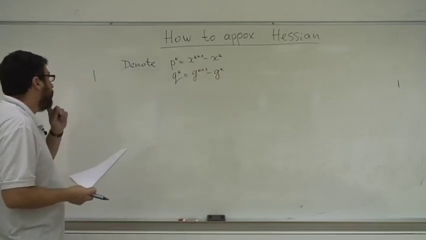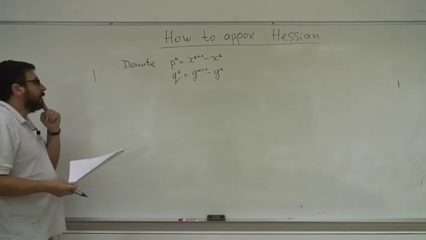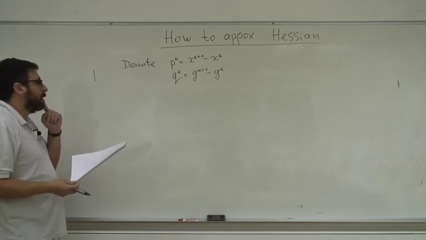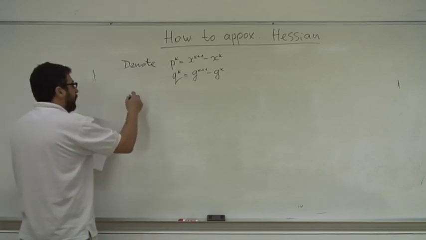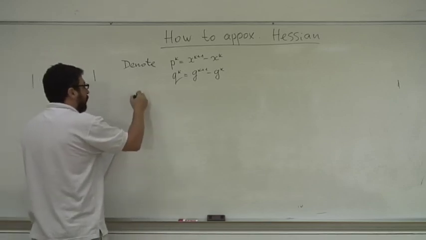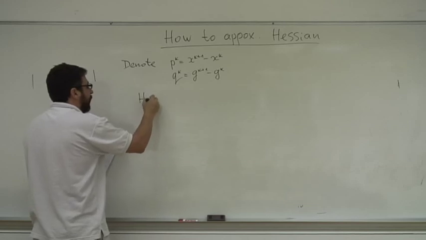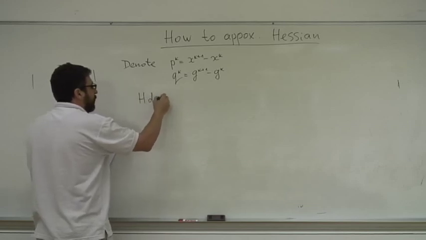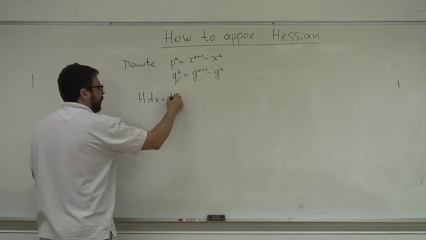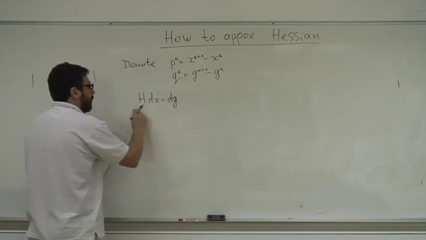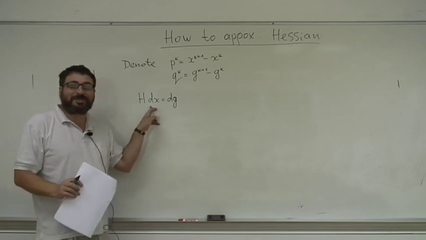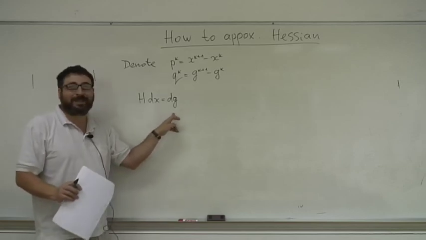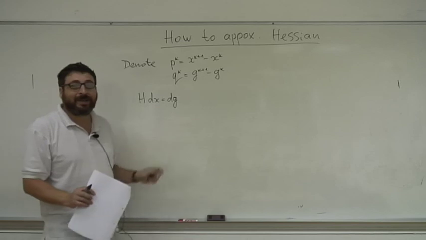And now, what kind of information can the Hessian give us? If you remember from the definition of the Hessian, H dx is equal to dg. So for very small changes in x, there will be a very small change in g.